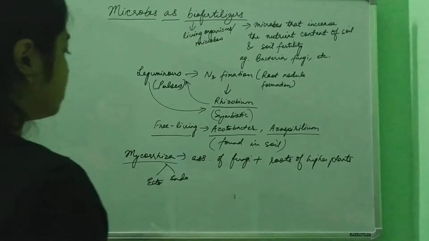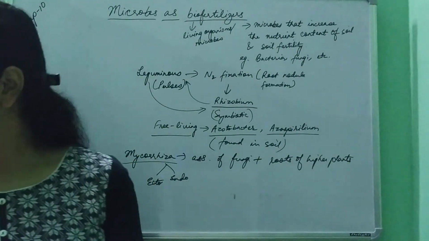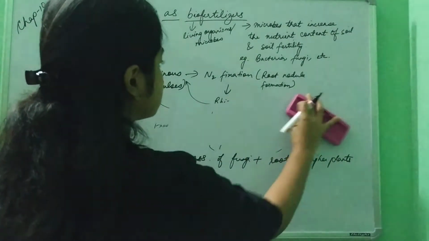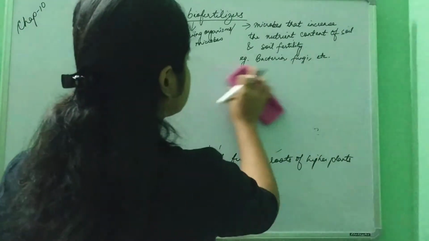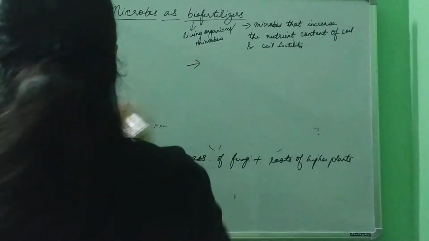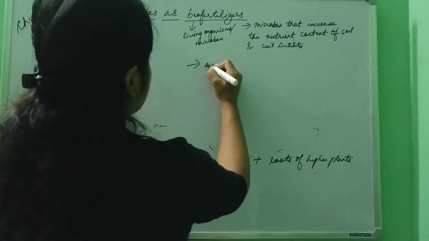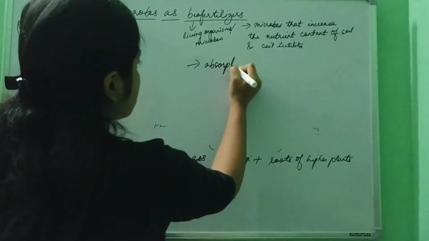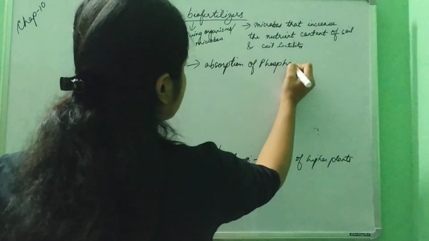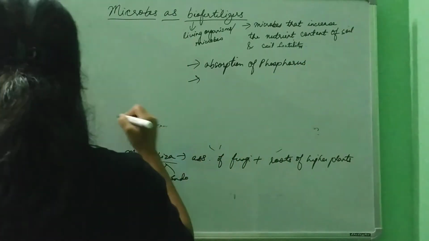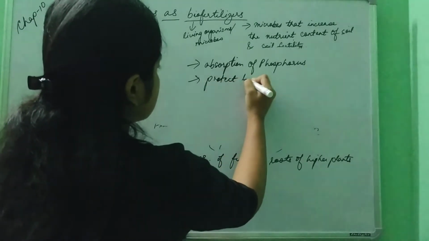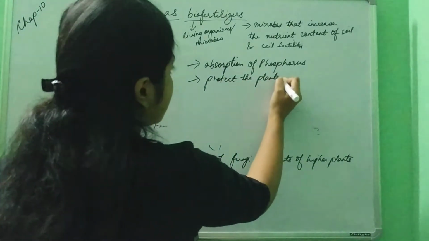Next, you have to know the functions of mycorrhiza. So note down the functions. Functions of mycorrhiza. Absorption of phosphorus from soil. And next is protecting the plant. Protect the plant from drought condition. Okay, from dry condition.